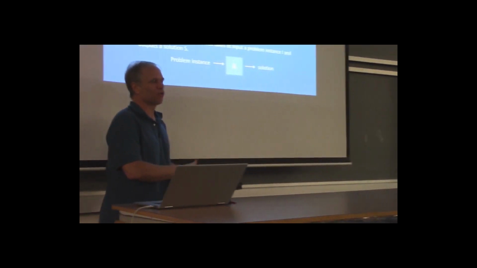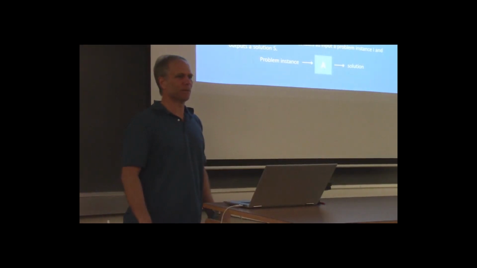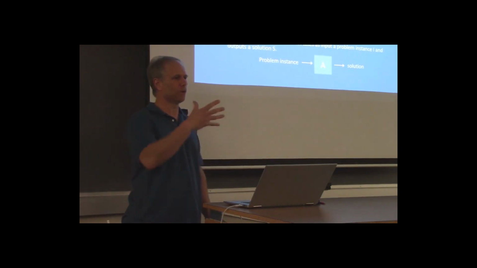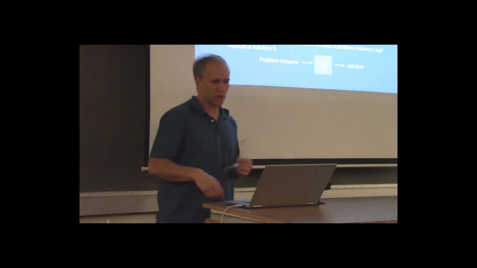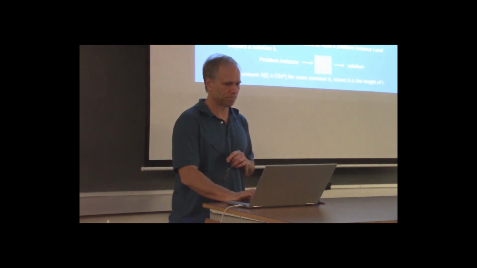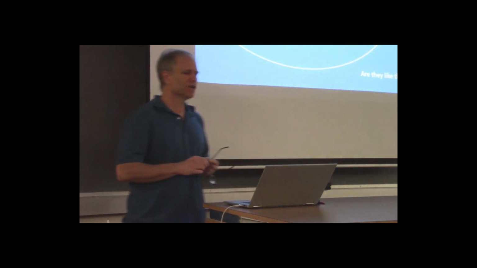Essentially, it means trying all the possibilities at the same time in parallel and finding one that works, which is equivalent to being able to verify something quickly. So non-deterministic polynomial time is kind of an anachronism. That's what the letters mean.